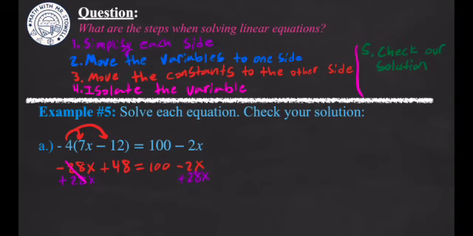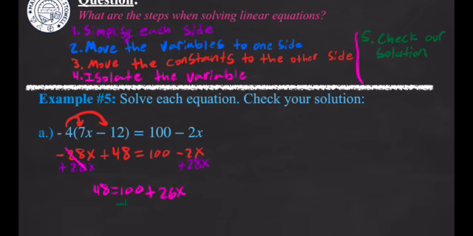So this gives us 48 equals 100 plus 26x. We have all the variables on one side. That moves us to step 3. Let's move all the constants to the other side. Well, the only constant we have on the right-hand side with the variable is 100. That's positive. Opposite of a positive is a negative.